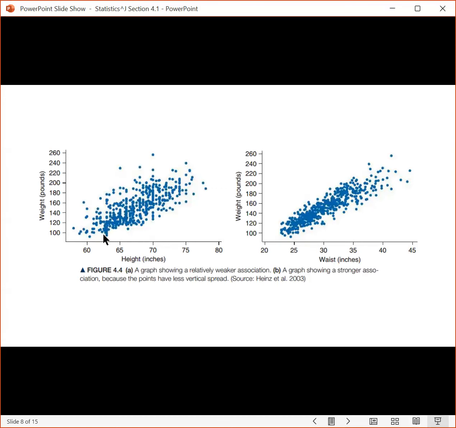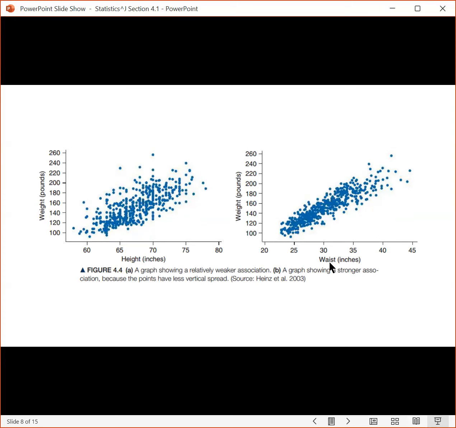So here we can see height and weight, and we have a clear uptrend. Waist size and weight, we also have a clear uptrend. The vertical spread here is roughly this distance. The vertical spread here is roughly this distance. So the vertical spread in this example is clearly smaller.